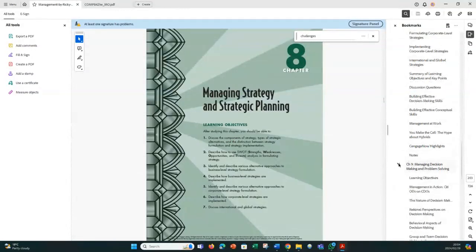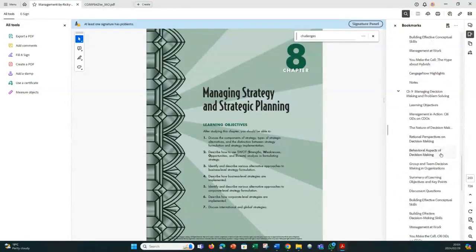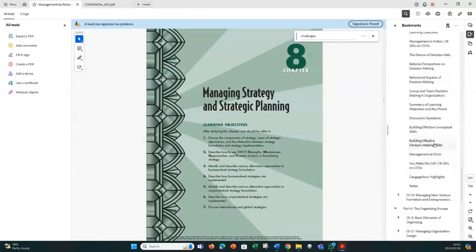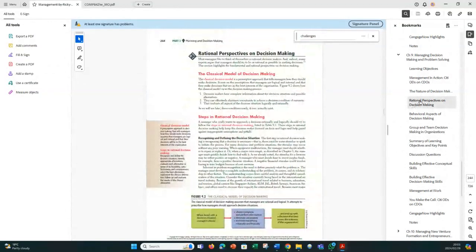Right, let's have a glance at this very quickly. The rational decision making process. Group team behavioral, there it is. Thanks, Georgia and Mark.